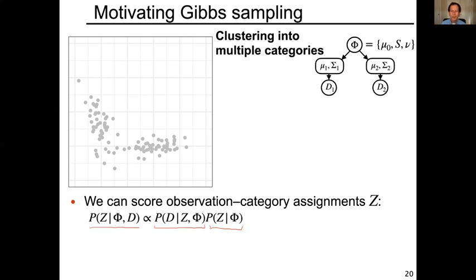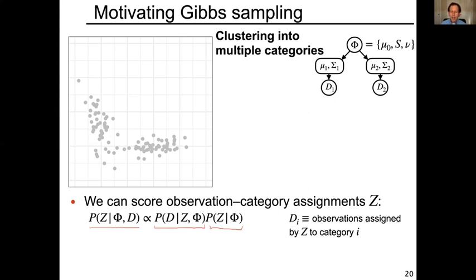So there's going to be some prior on how frequent each category is going to be. For the first of those terms, the likelihood, P of D given Z and phi, that's where we can use the marginal likelihood that we talked about on the last slide. We're marginalizing over the parameters of the specific category, but we're getting a marginal likelihood of the complete data set.